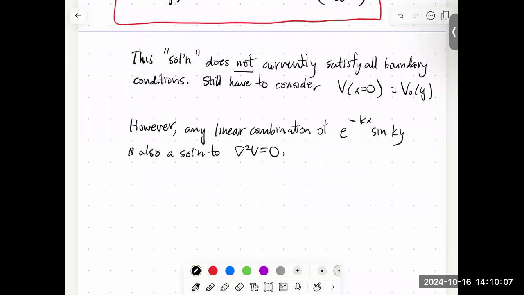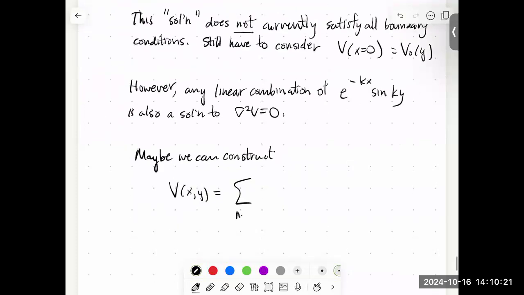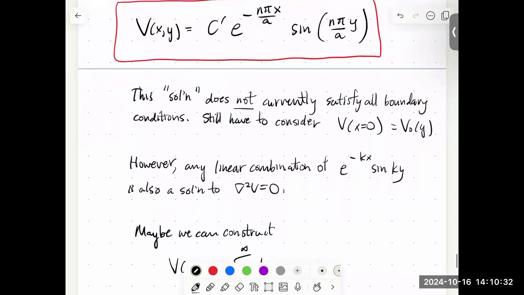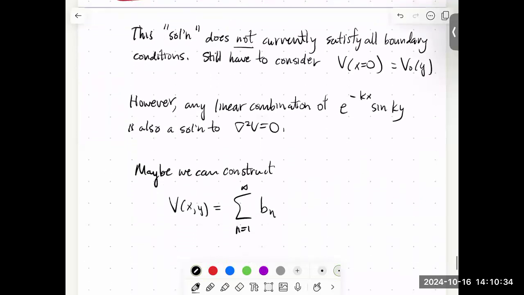Well, so maybe we can construct, let's see, v of x, y is going to be some sum from n equals 1 to infinity of some coefficients e n, and then a linear combination of our solutions. So the linear combination of what's in that box, so it's e to the minus kx sine ky. Okay, good. Well, what are we going to do with this?